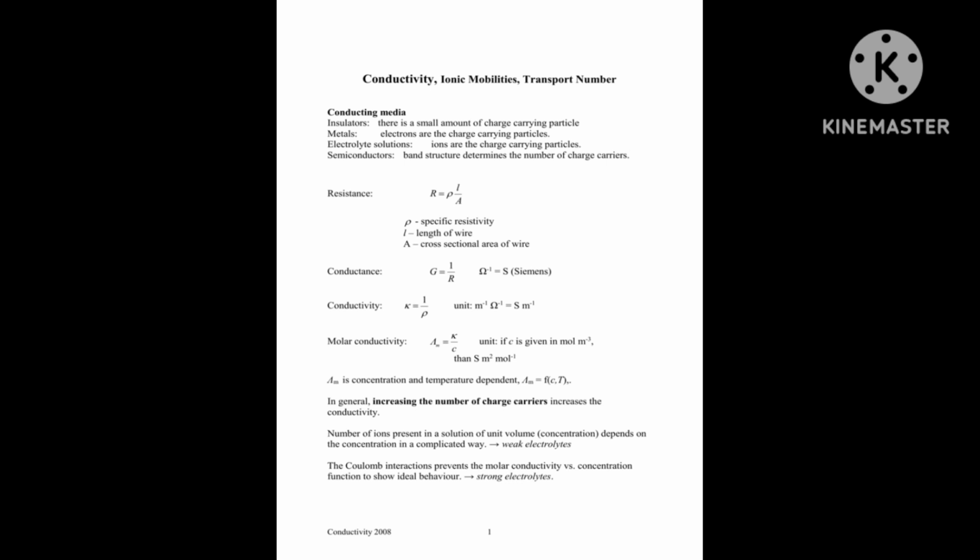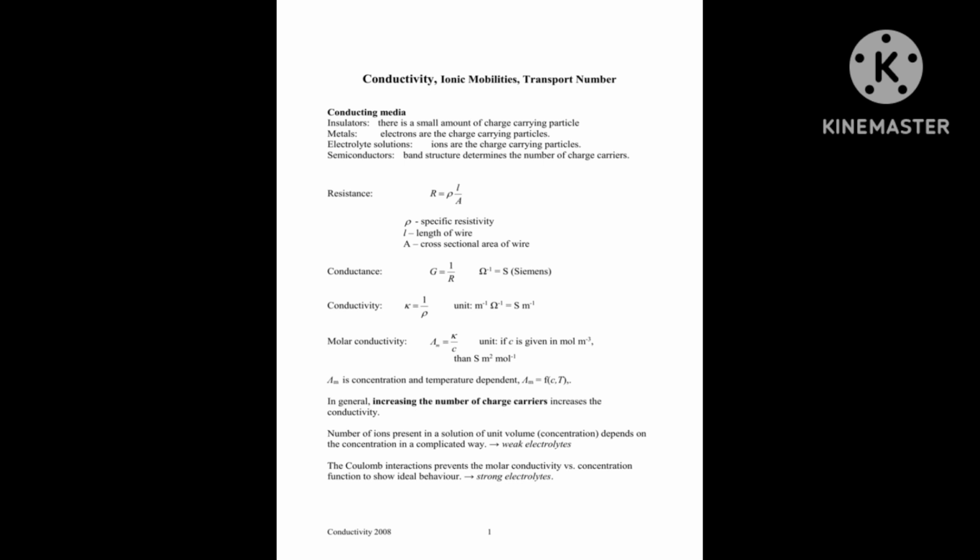Then I think now you are understanding what you have to do. Here first you have to calculate the cell constant, that is G star, capital G star, that is its symbol.